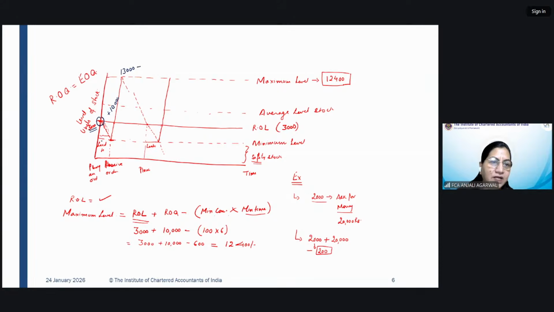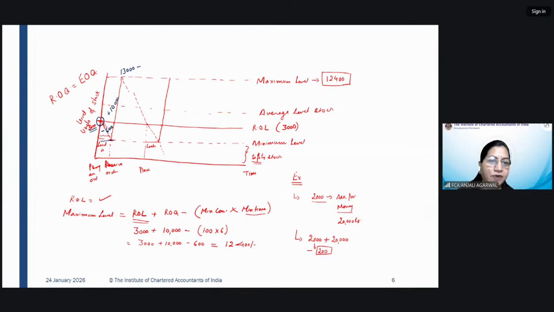Because it will take some time, at least a minimum of 6 days to receive these units in our example. And in these 6 days, your minimum consumption is 100 units every day. So this 600 will be consumed from 3000. So 3000 minus 600, that is 2400.